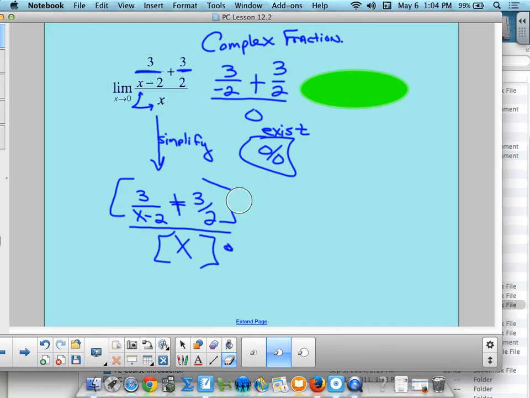x minus 2. This is what Tristan says, just multiply by x minus 2 and it will clean the mess up. I think he's right. If you took that times that, the x minus 2 would cancel with the x minus 2. The problem is, if you take x plus 2 times this, you're still going to have a fraction.